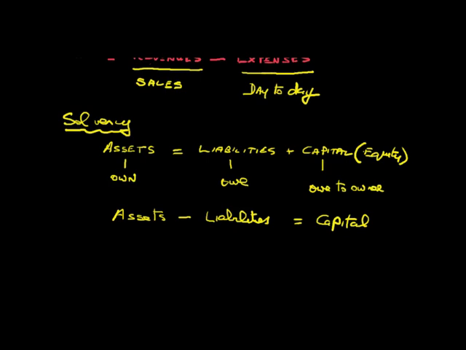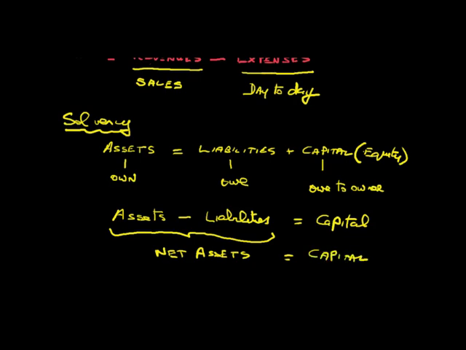This is called the accounting equation sometimes, but essentially it's similar to a balance sheet. A balance sheet includes all these figures, except the layout is slightly different. So the assets minus the liabilities, if we subtract those from each other, we refer to that as the net assets if the assets are greater, or it might be called the net liabilities if the liabilities are greater. So the net assets equals the capital.